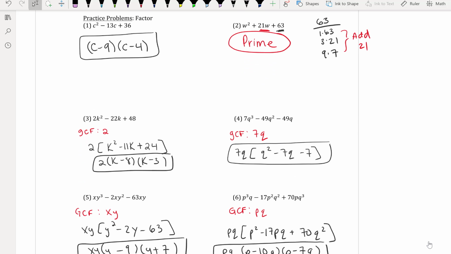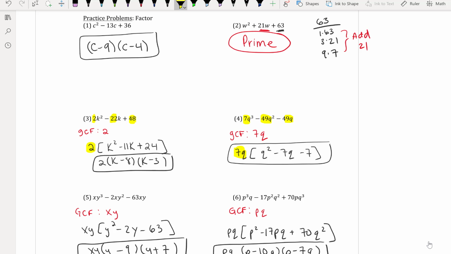For number 3, I see that they all have a 2 in common if you look at the coefficients. So the GCF is 2, and I make sure that I pull that out. Then I have a trinomial, and I can factor that further. For number 4, I can see that they all have a 7q as a GCF, so I go ahead and factor that out.